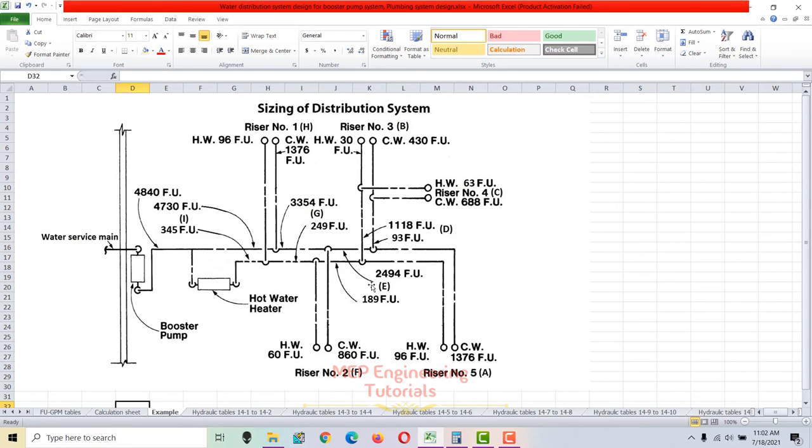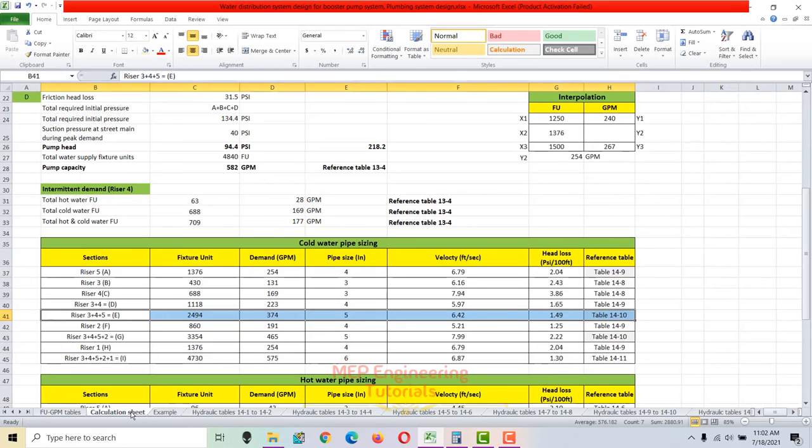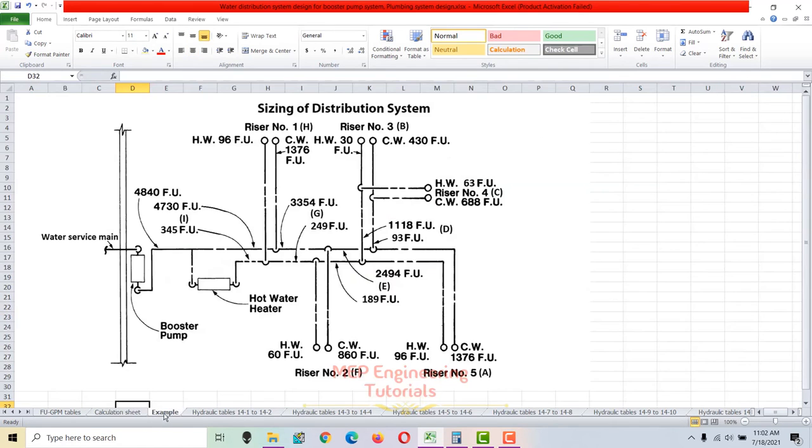At this point it will be the sum of sections A, B and C, as well as D. D is basically the sum of riser 3 and 4.